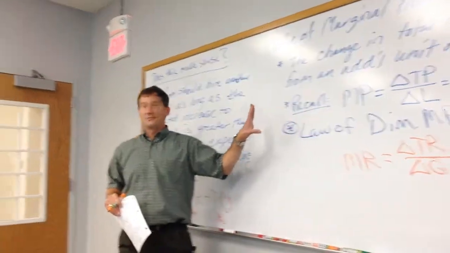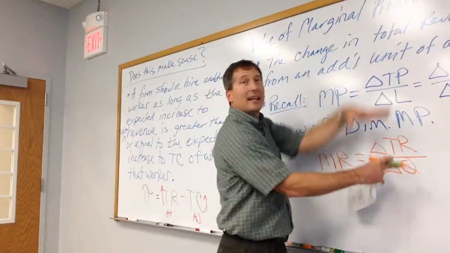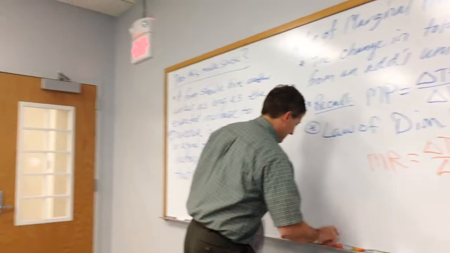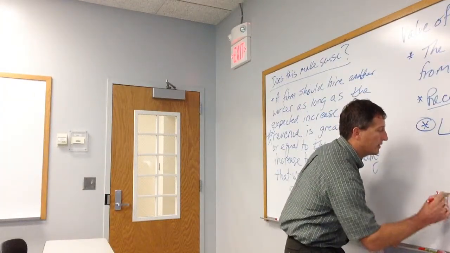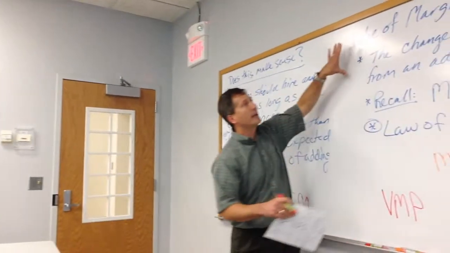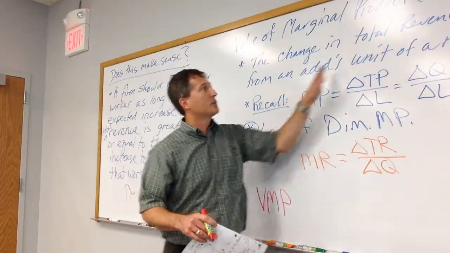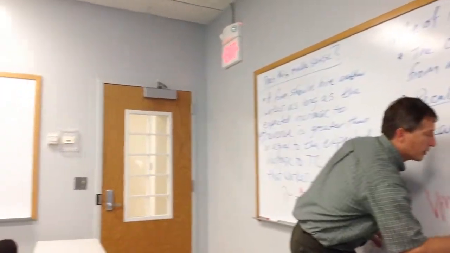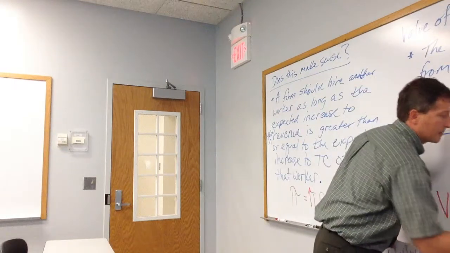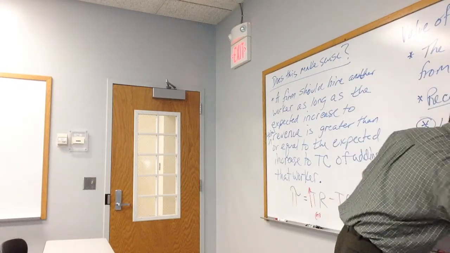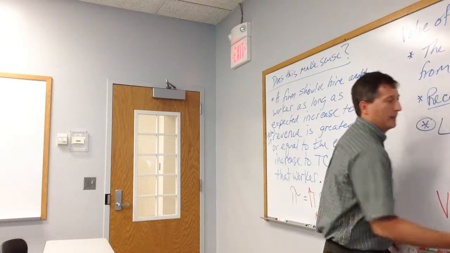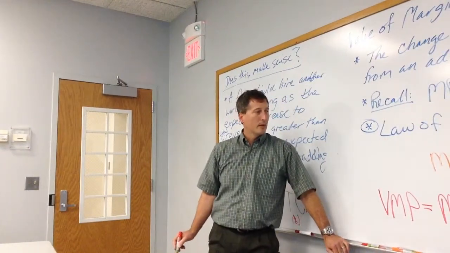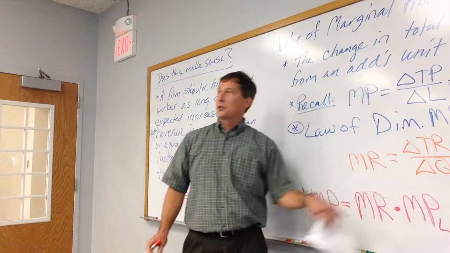Now we're almost there. We're going to put these two together to figure out the value of the marginal product. So the value of the marginal product, the VMP, the change in total revenue from an additional unit of a resource, turns out to be equal to the marginal revenue times the marginal product.